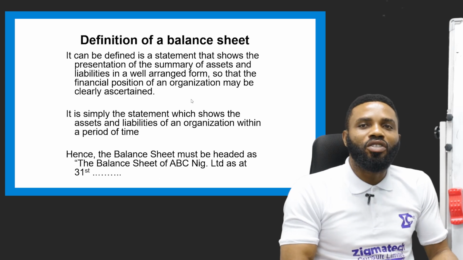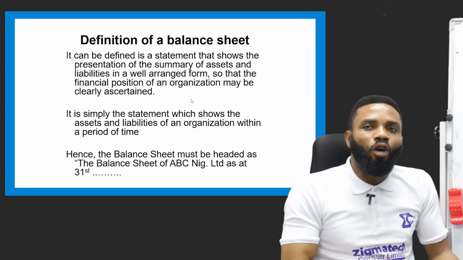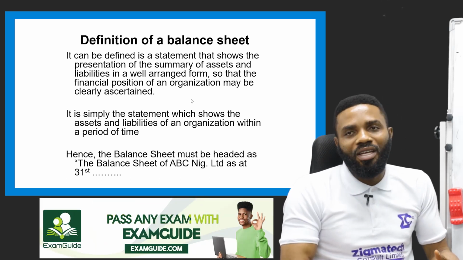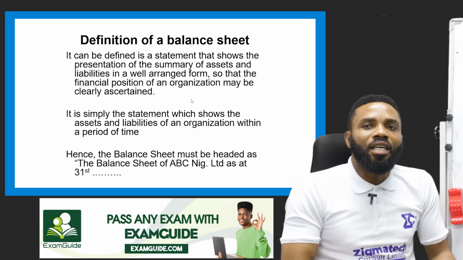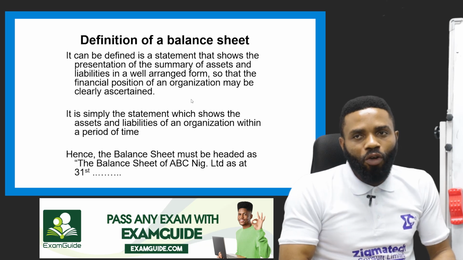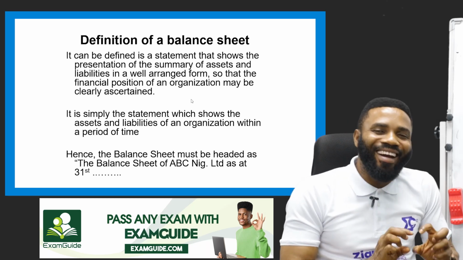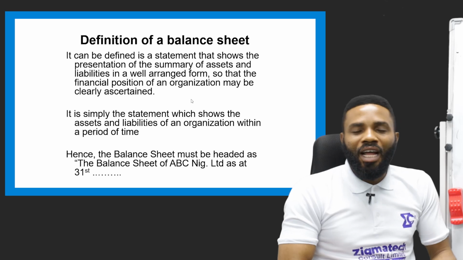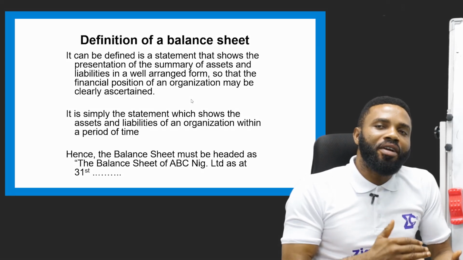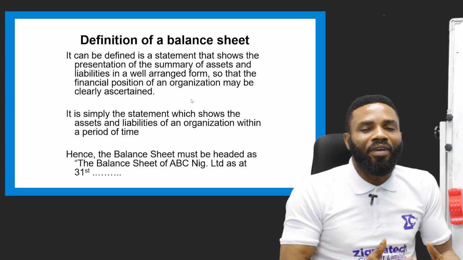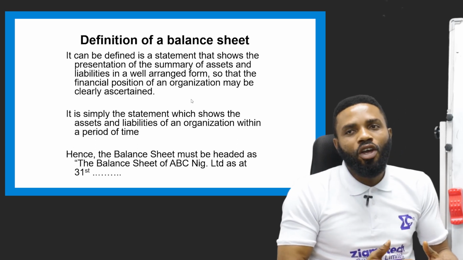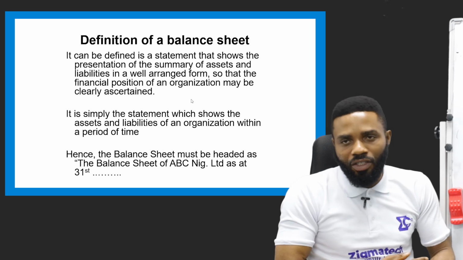It shows the presentation of the summary of assets and liabilities in a well-arranged form, so that the financial position of an organization may be clearly ascertained. That is to say that with the preparation of a balance sheet, one can easily ascertain the financial position of a company or an organization.